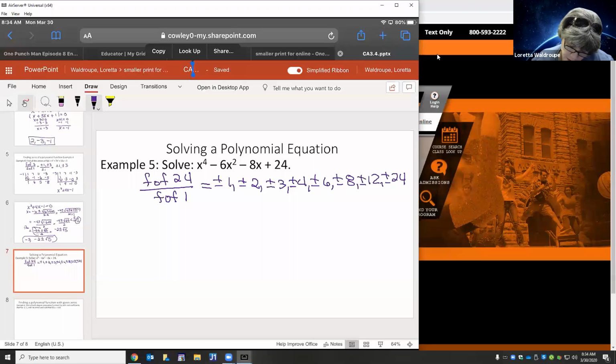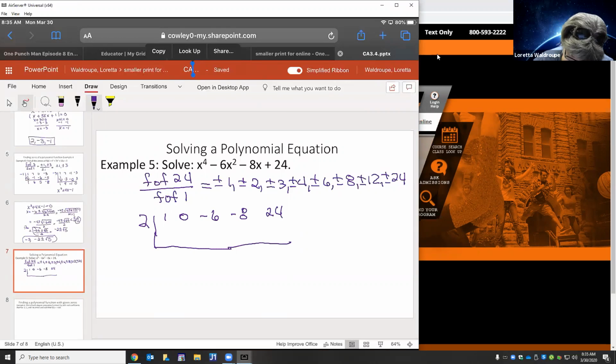Okay. I'm going to try 2. Now in this problem, you notice there is no x to the third. So for the third spot, I have to put a 0. Otherwise, it will not work. So bring down your 1, multiply, add, multiply, add, multiply, add, multiply, add.